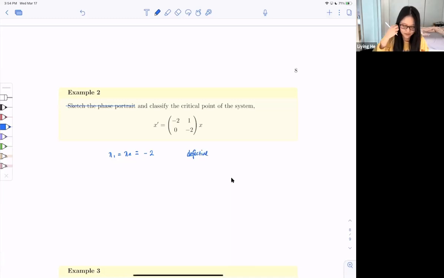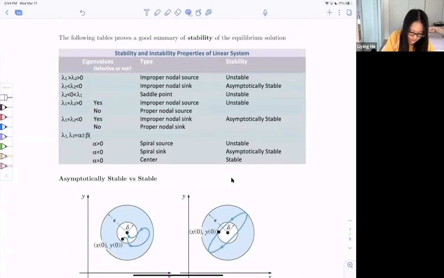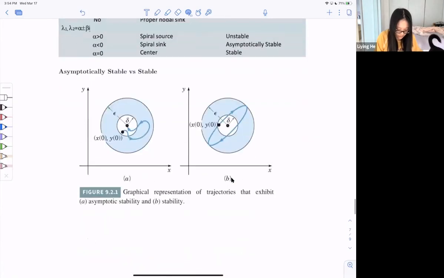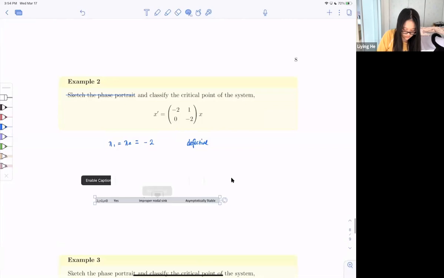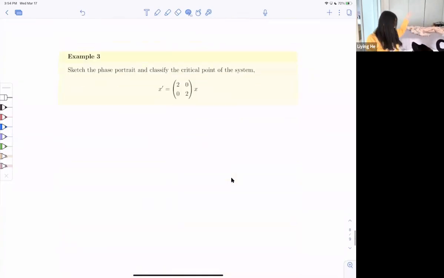So that means eigenvalue -2, and it's defective. So it's an improper nodal sink and it's asymptotically stable. Okay, so the first one is this. Now example 3.